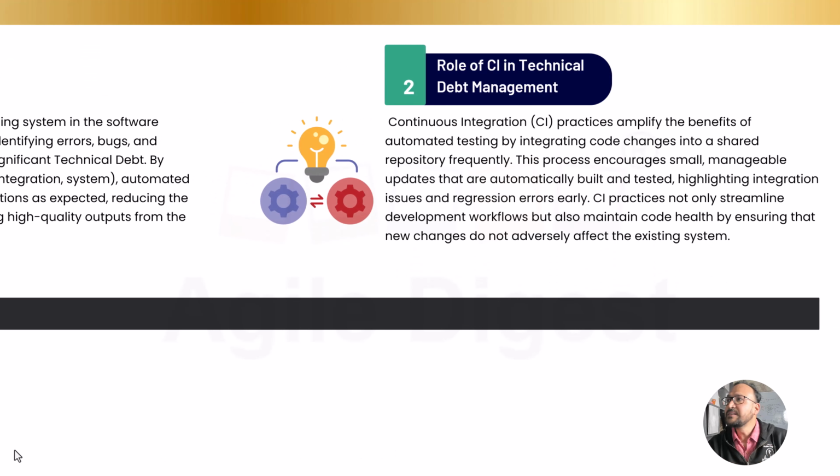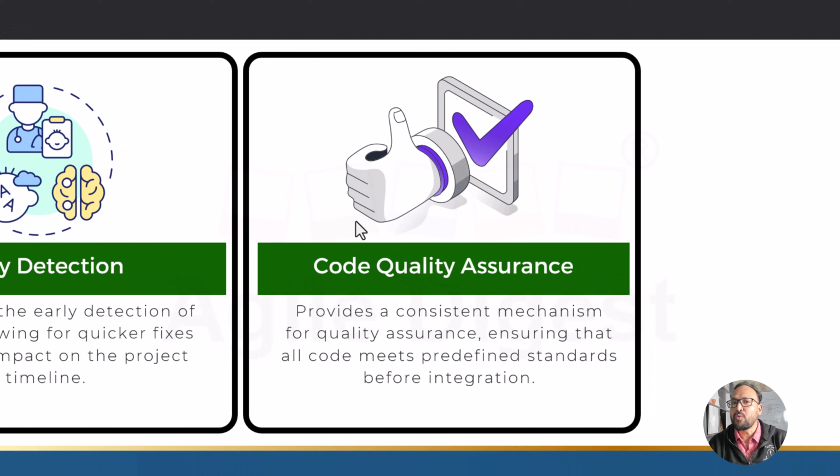So what are the benefits? Early detection. Facilitates the early detection of issues, allowing for quicker fixes with less impact on the project timeline. Code quality assurance. Provides a consistent mechanism for quality assurance, ensuring that all code meets predefined standards before integration. Reduction of technical debt accumulation.